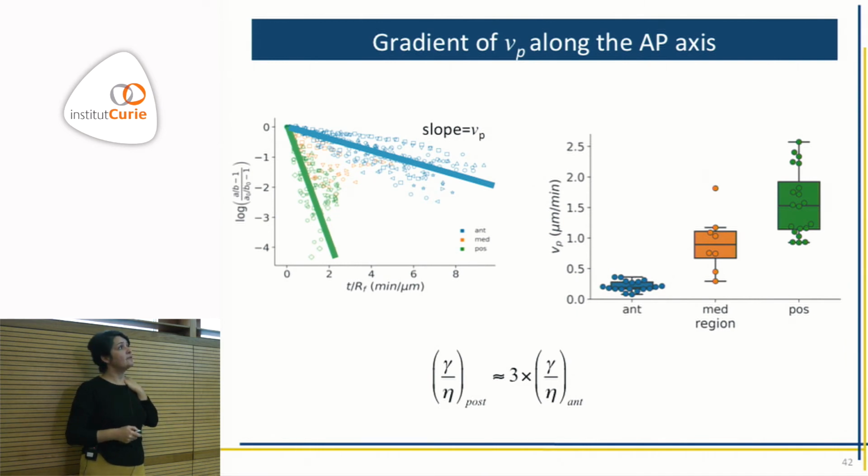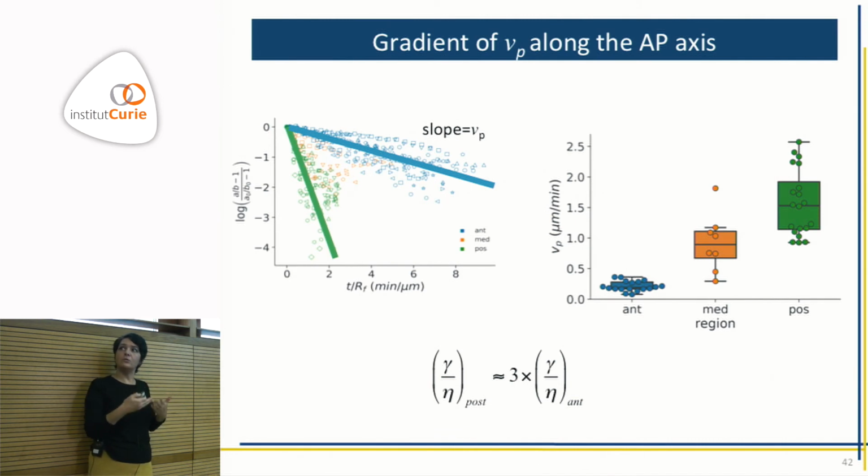The gamma over eta for posteriors is 3 times larger than for the anterior. So this can mean either the surface tension is higher at the anterior, which is a bit weird, or the viscosity is larger at the anterior, which goes more towards what we were thinking originally. But this experiment only gives us the ratio of these values.